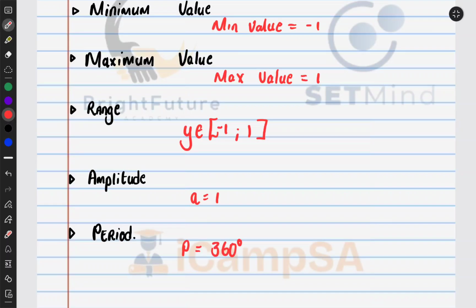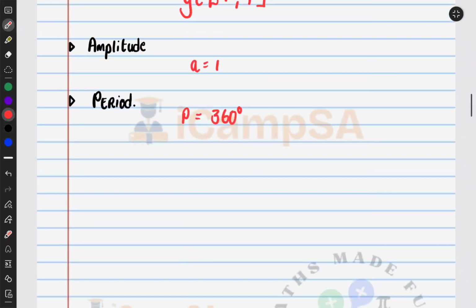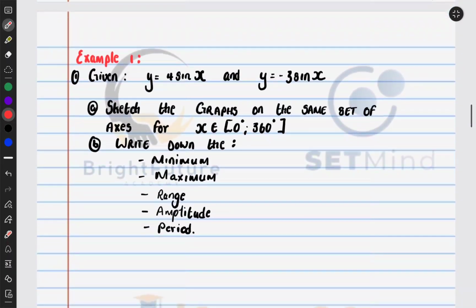In fact, for the functions you are dealing with in grade 10, about 95% of the time the period is just gonna be 360 degrees for the cosine and the sine function. And then, as we get to the tangent function, the period changes. It becomes 180 degrees. But yes, hopefully you guys do understand that. Let's go ahead and do some examples.